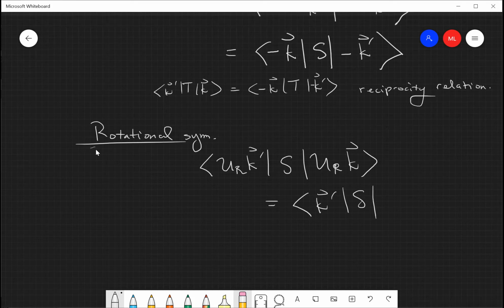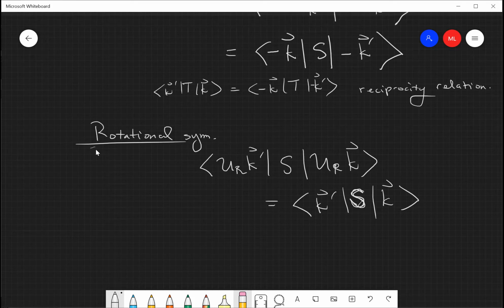If our scattering problem is spherically symmetric, then this doesn't change the matrix element, right? We can evaluate everything in a rotated frame of reference. So the matrix element can't depend on the orientation of k and k prime.